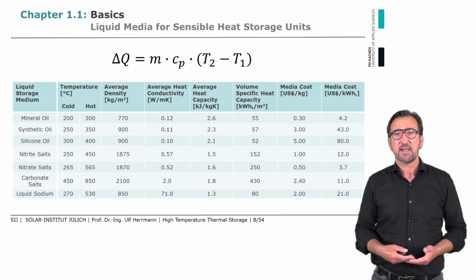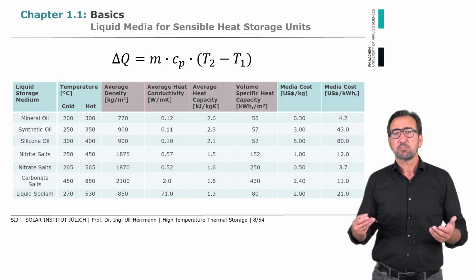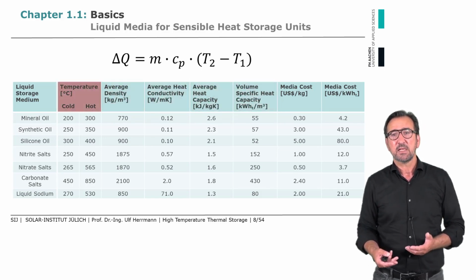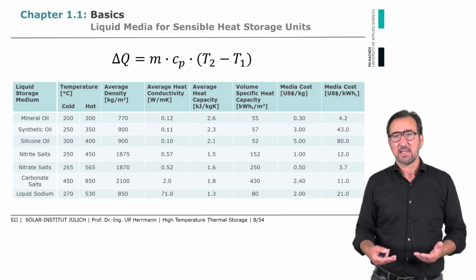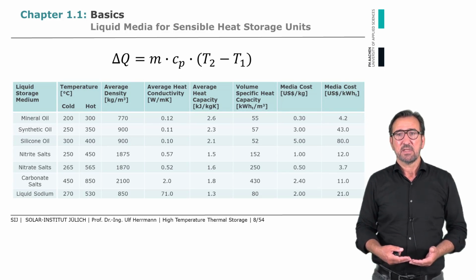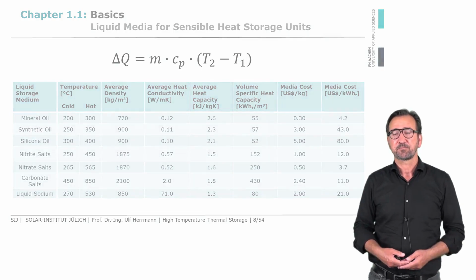Salt, on the other hand, has the disadvantage that it freezes at relatively high temperatures, so that auxiliary energy must be used to keep it liquid during longer downtimes. Material properties, temperature application range, and rough cost data can be found in the table on this slide. Depending on the application, liquid storage media are well suited for direct storage systems.